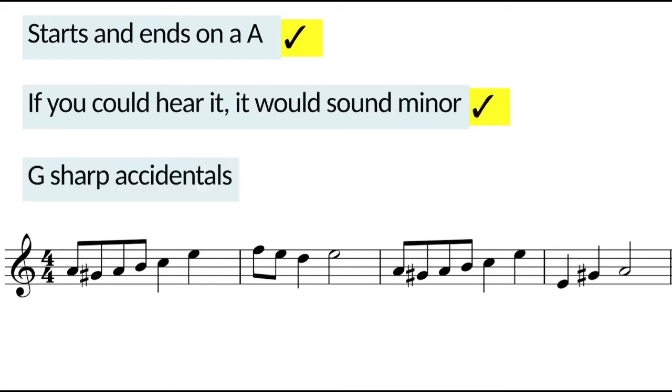The big giveaway is that there are accidentals in the music. G sharp, yeah, G sharp. Remember, an accidental is a sharp or a flat that appears in the music, but not in the key signature.